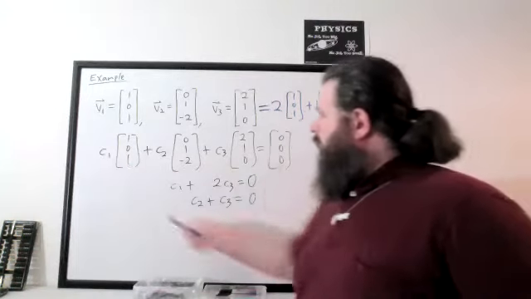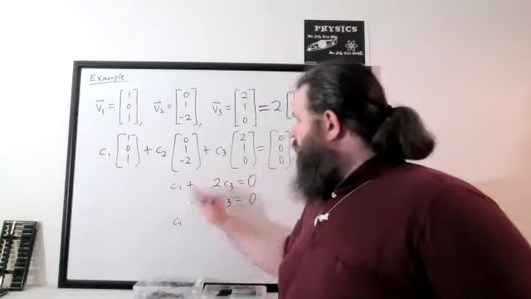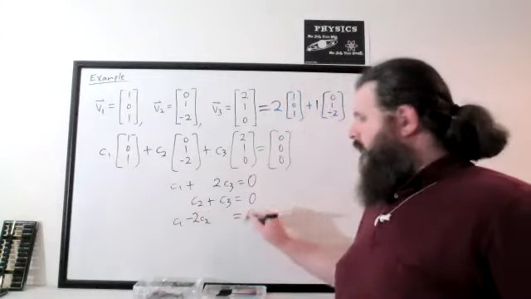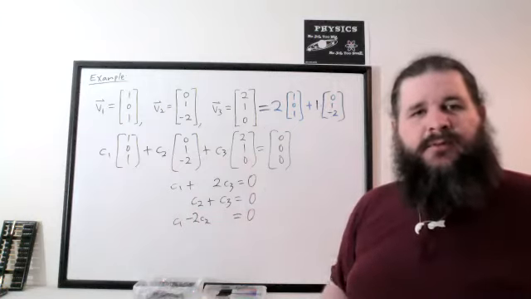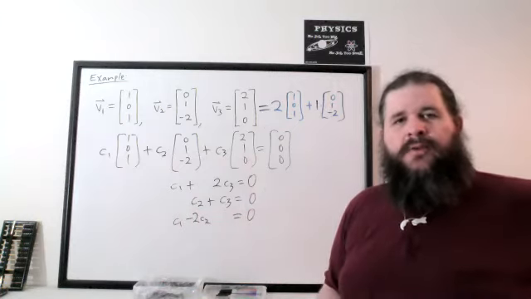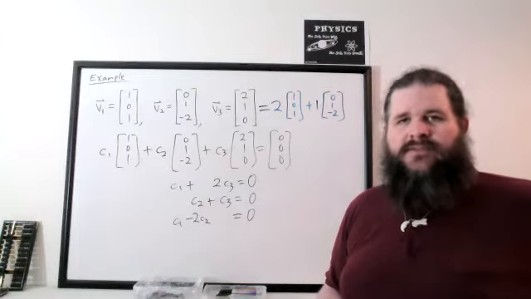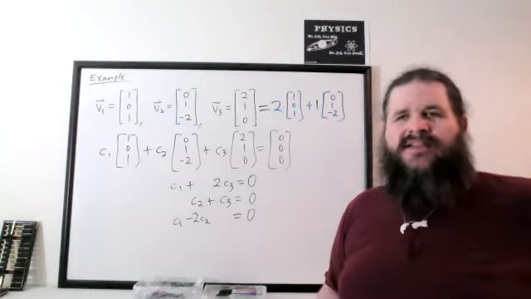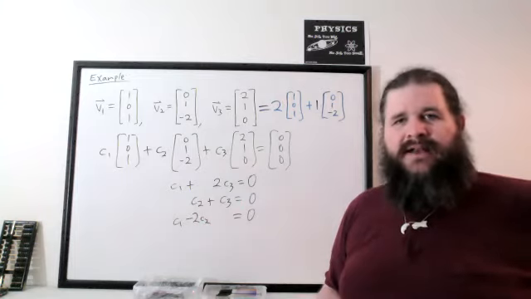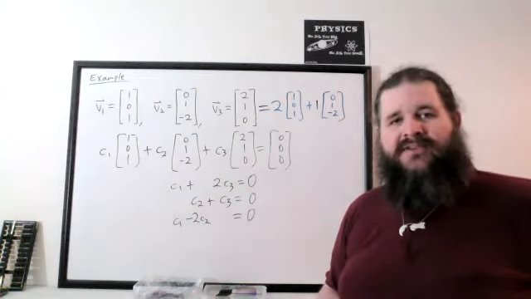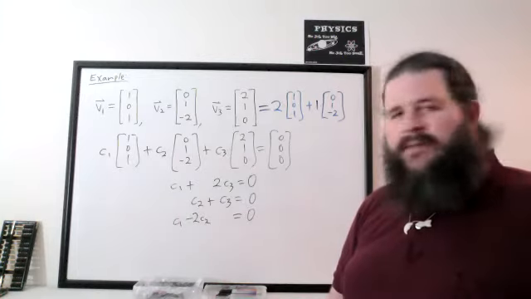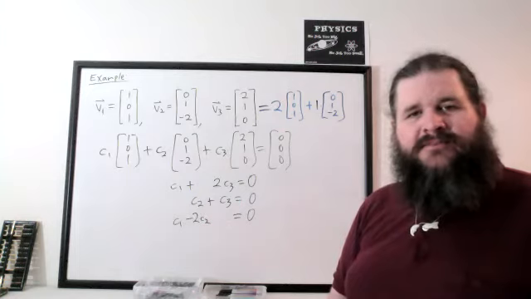Read across the bottom row: 1C1 plus -2C2 plus 0C3 equals 0. That's a system of 3 equations, 3 unknowns. So we could try solving that, or at least partway solve it, up to the point where we can tell if it has one solution or many solutions. And how would we go about solving that? What's one way we could start solving this system of equations?